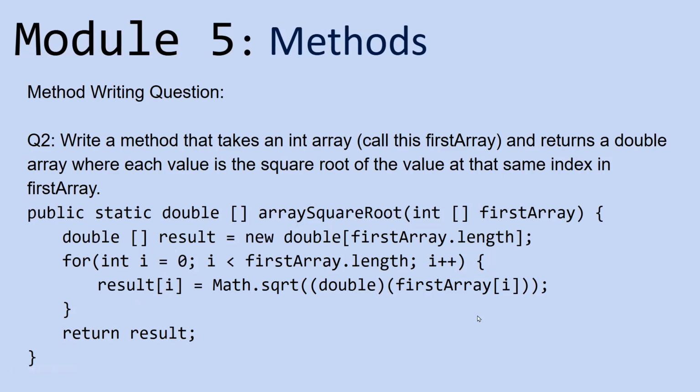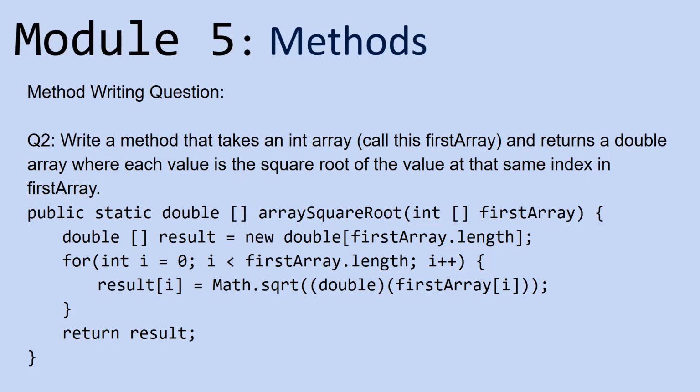So let's say first array is, I don't know, I'll be boring, 1, 2, 3, 4, right? Well, then index 0 in first array is 1, right? And so result sub i will be equal to Math.sqrt of 1, which is just 1.